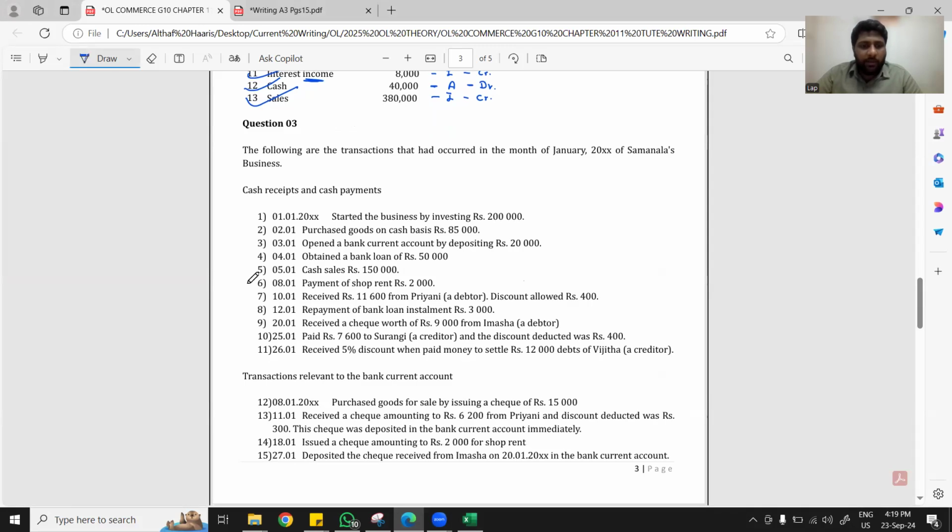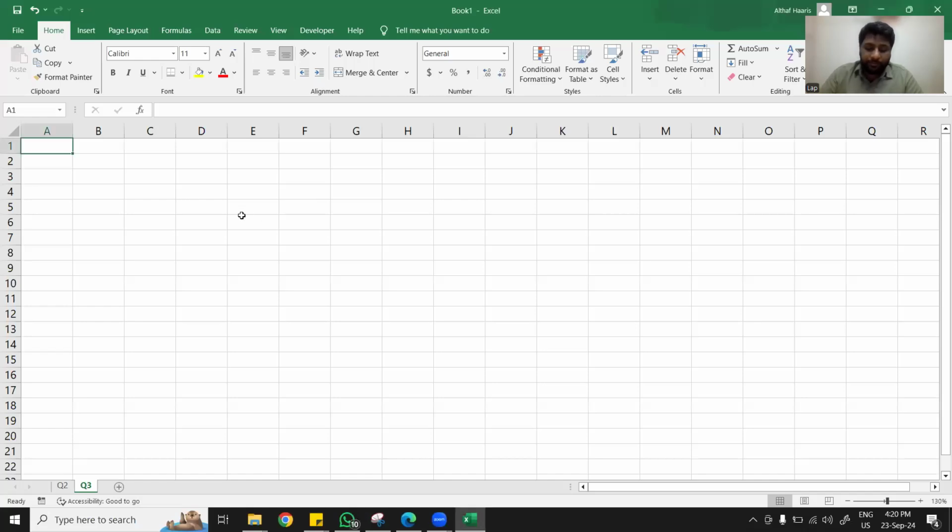Okay. First, we'll prepare the cash book. They have given the cash receipts and payments. So we'll prepare the cash book and relevant ledger accounts, T accounts. Cash book and the relevant T accounts.